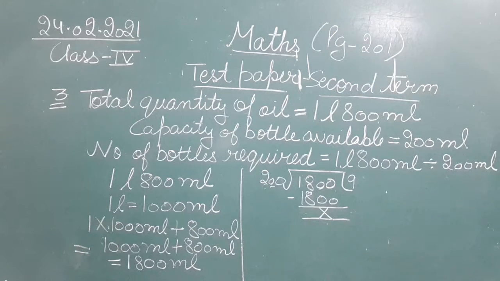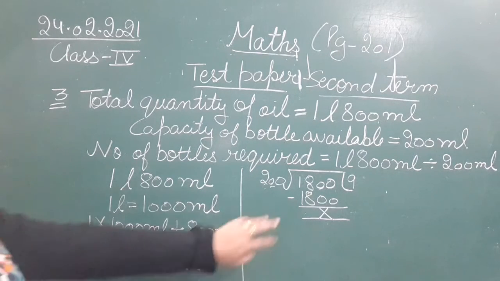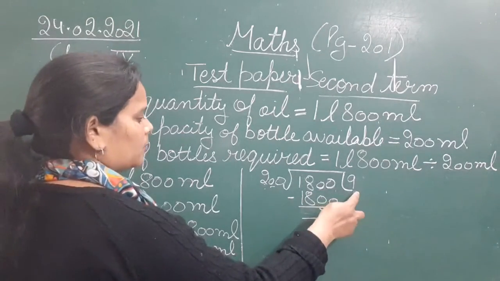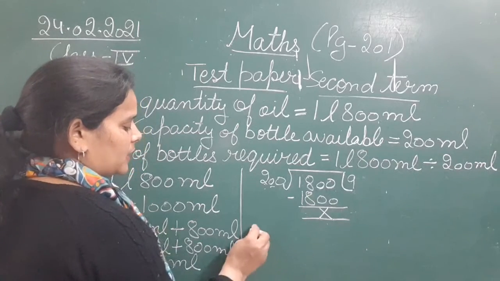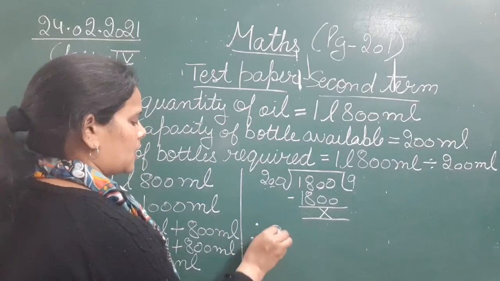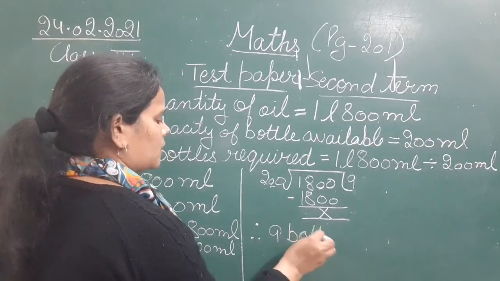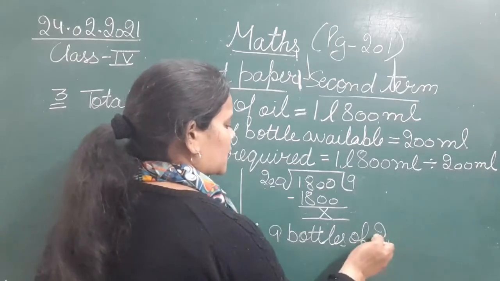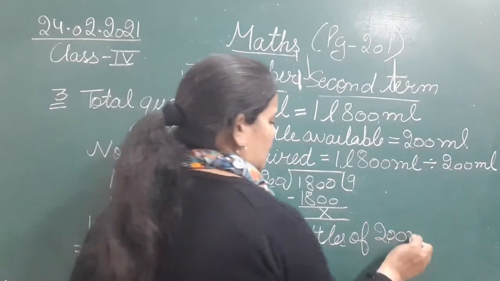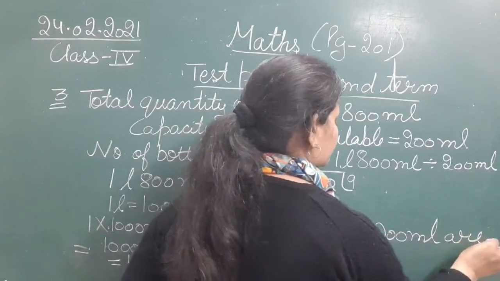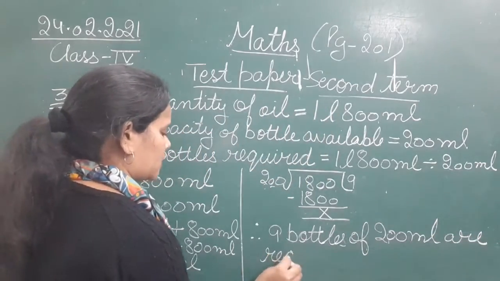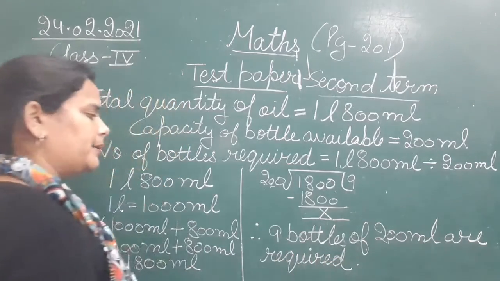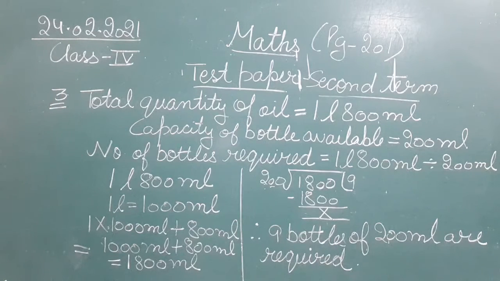So that means how many bottles of 200 ml are required to fill 1 liter 800 ml of oil? That is 9. कितनी bottles चाहिए? That is 9 bottles. So we लिखेंगे therefore 9 bottles of 200 ml are required. 9 bottles of 200 ml are required to fill.